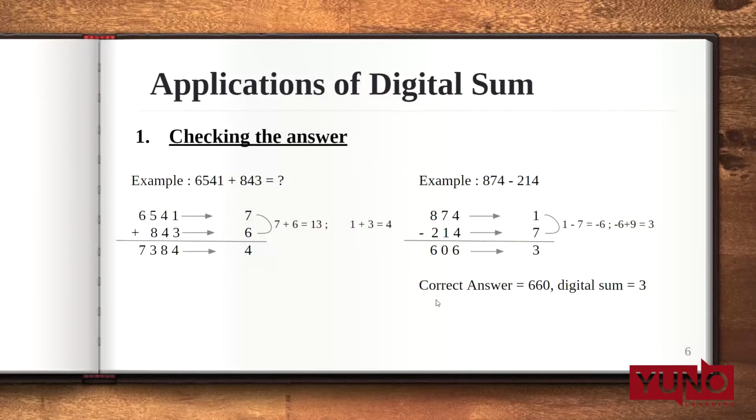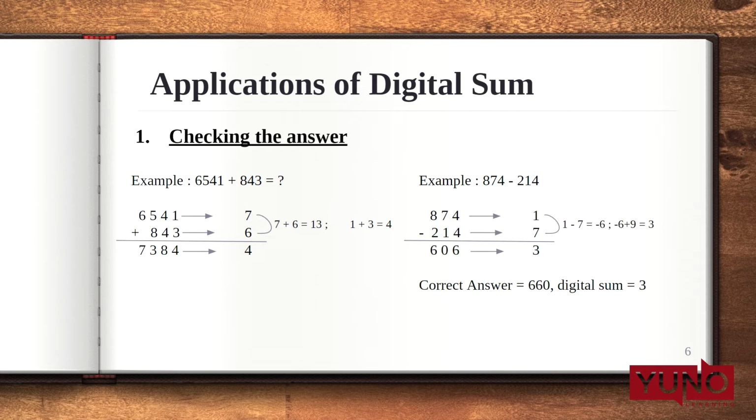Let's come to the applications of digital sum. The first here is checking the answer. That means with the help of digital sum, we can check whether our answer is correct or not. Now one thing to keep in mind is if the digital sum of the answer is equal to the digital sum of the numbers, then we can say that our answer may be correct.